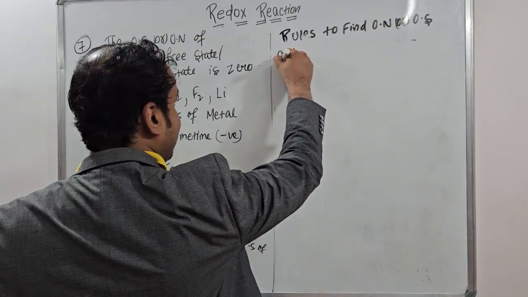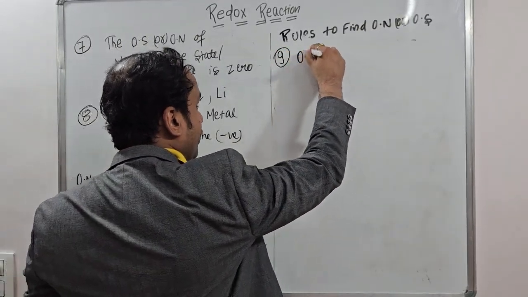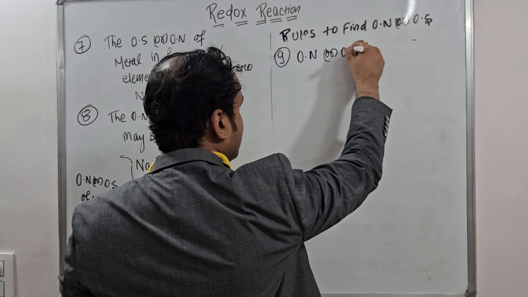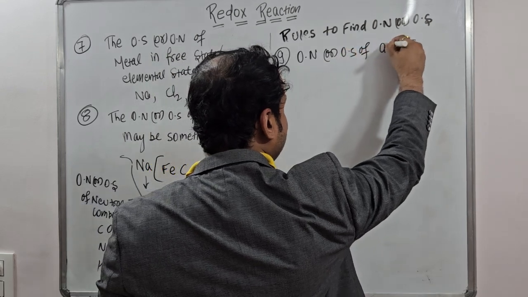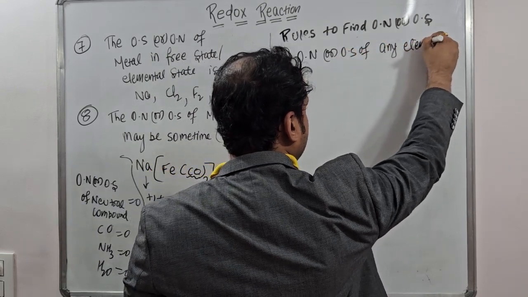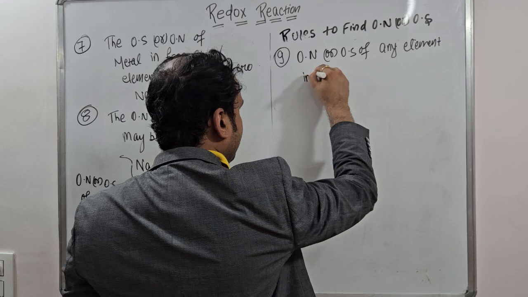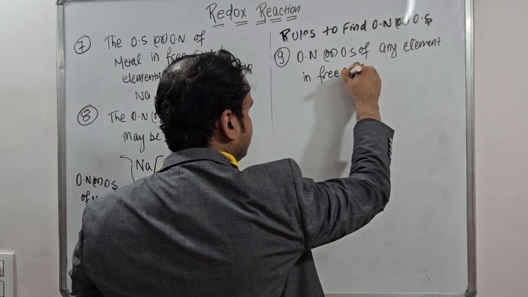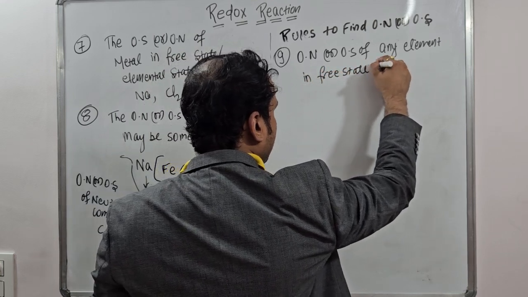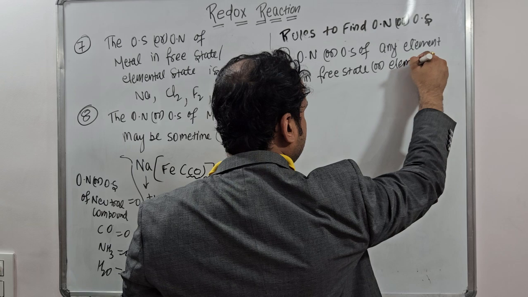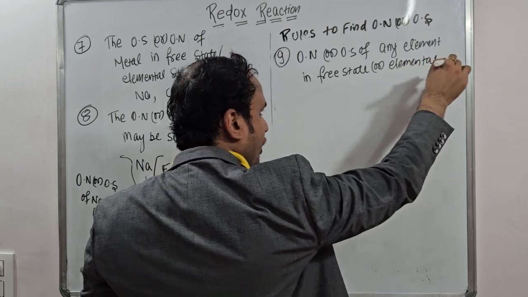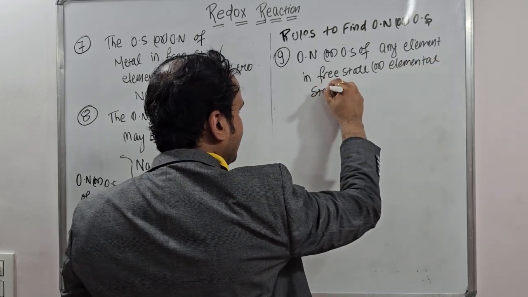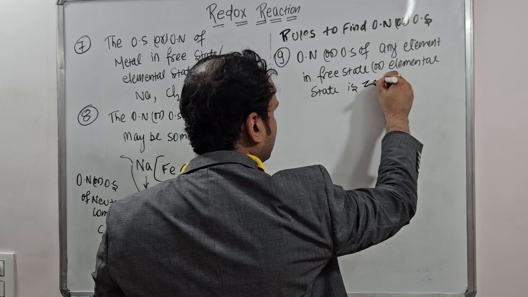Rule number 9 is saying that the oxidation number or oxidation state of any element in free state or elemental state is 0.